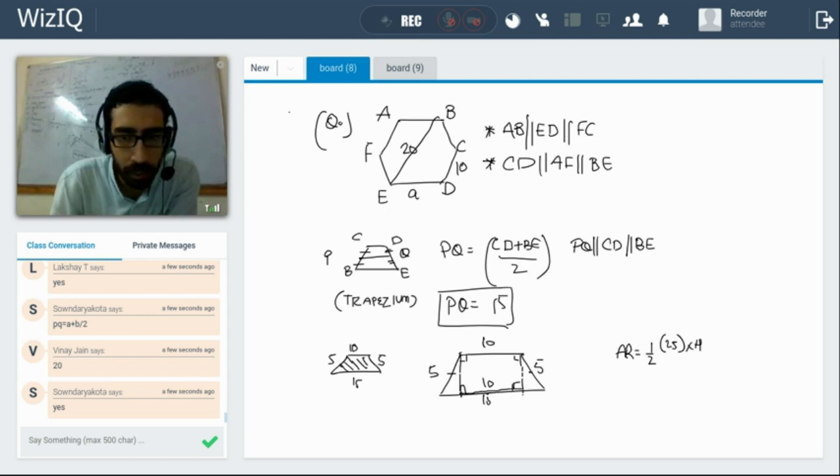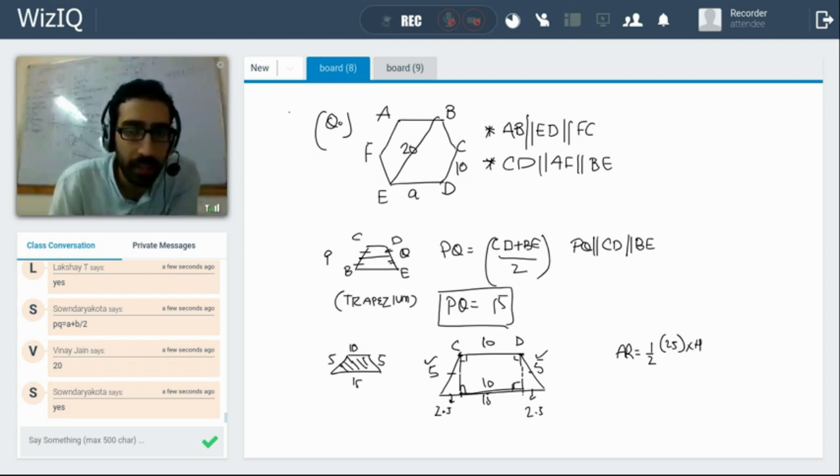From 15, this portion becomes equal to 10, which means this becomes equal to 2.5, and this also becomes equal to 2.5. Is this clear, Saundarya? They become 2.5 each because this is an isosceles trapezium. This side is 5, this side is 5. It's a very symmetrical figure. The perpendiculars from C as well as D will divide 15 equally into 10, 2.5, 2.5.